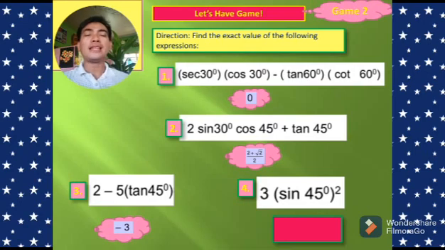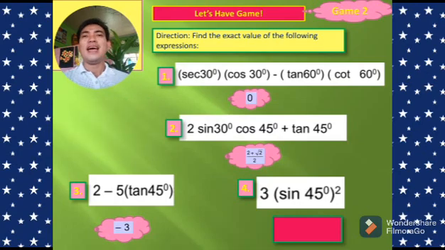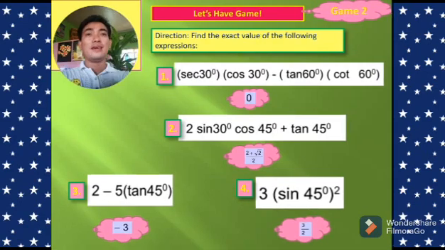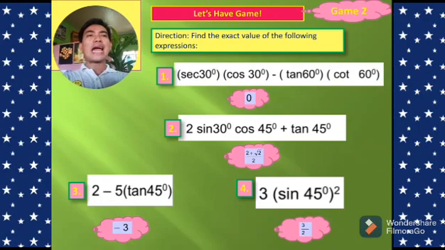Or the 3 times the square of 45 degrees. Go. And let us now reveal the answer. The correct answer is 3 over 2. Congratulations! You were able to get the correct answers.